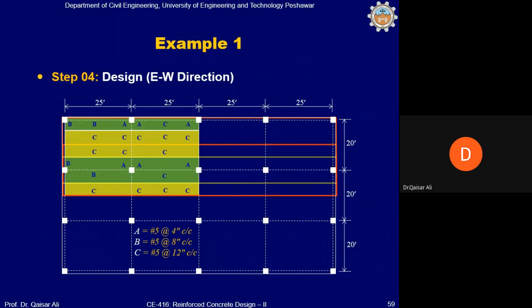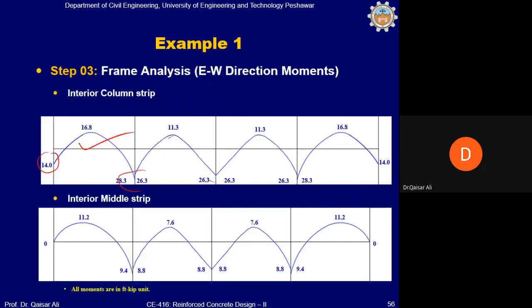I will demonstrate the reinforcement calculation for one of the bending moments, and the rest you can do yourself. So I will just do this interior frame column strip, and I will go back to the bending moments of the column strip here.